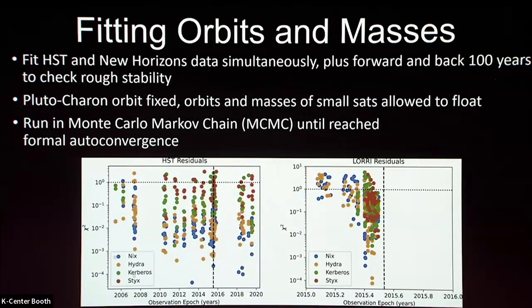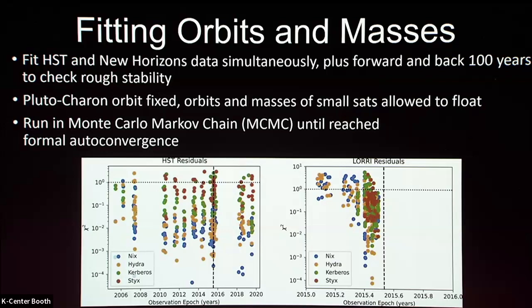These are the residuals that I got for mine. So it's chi-squared in log space. And then you can see the different objects, and we don't have Styx out to here because this was using WFPC2 and ACS, and it couldn't detect Styx.